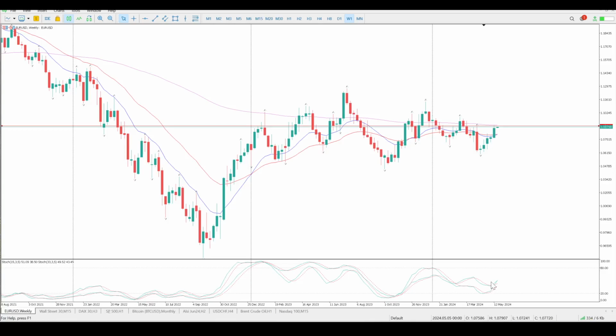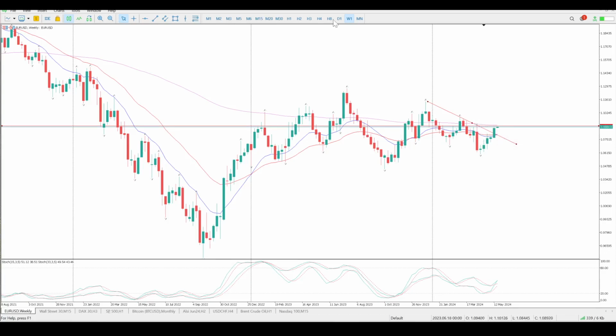So I can't really read too much into it just yet, but I think you do need to be very, very aware of what's going on. And for me, there is also a diagonal, which has broken last week, and it's broken quite convincingly.